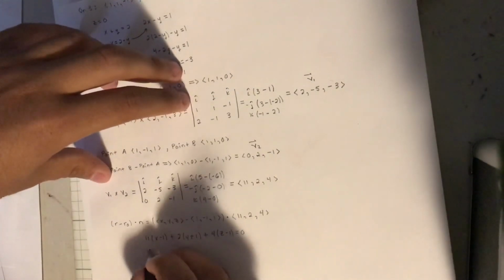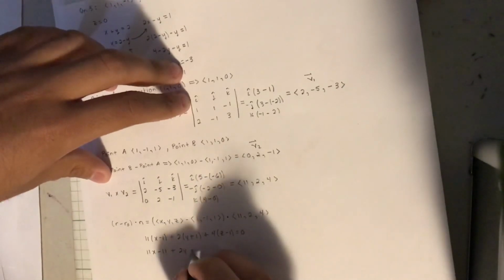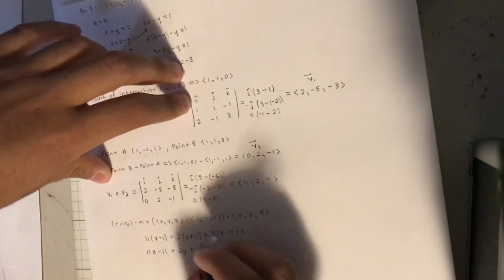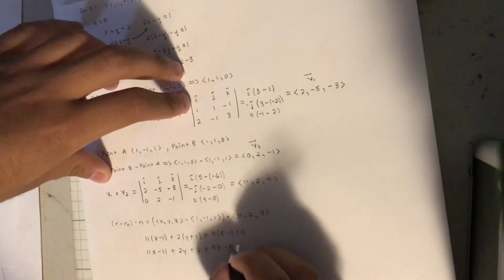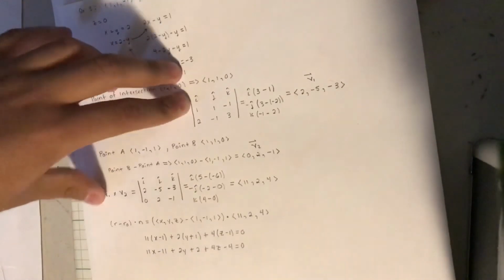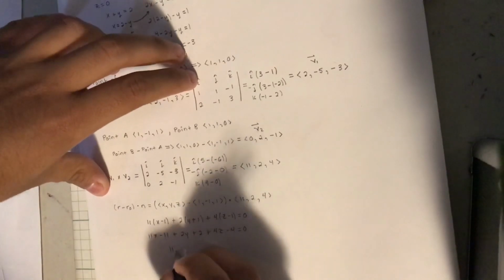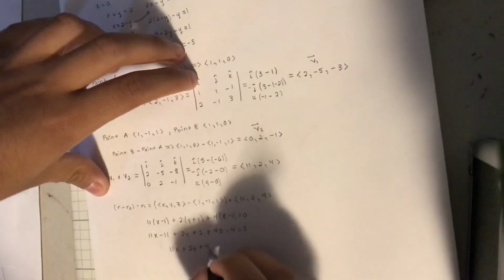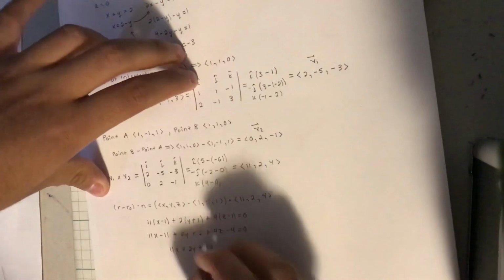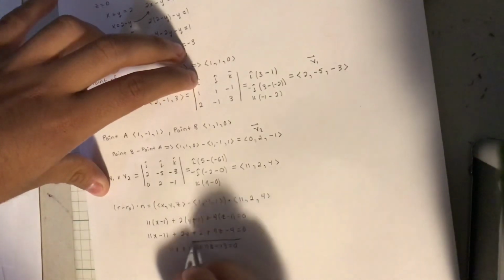So we get 11x minus 11 plus 2y plus 2 plus 4z minus 4 equals 0. So the equation of the plane is 11x plus 2y plus 4z minus 13 equals 0.